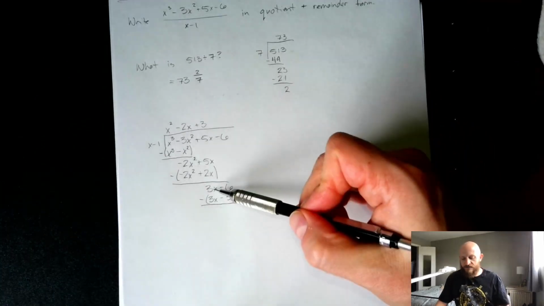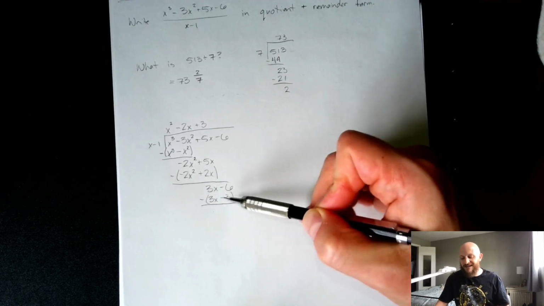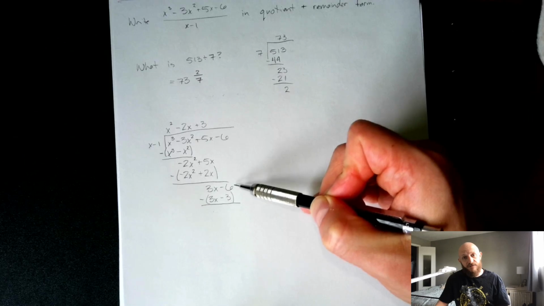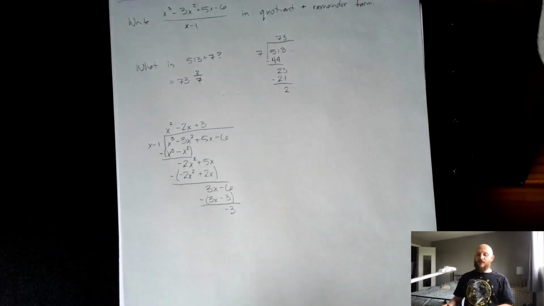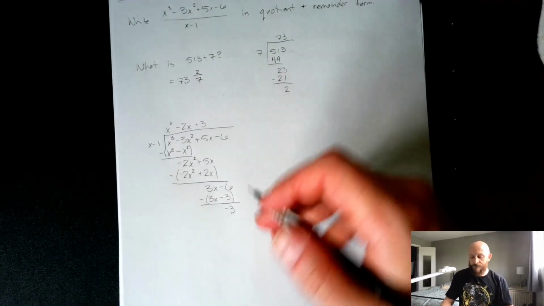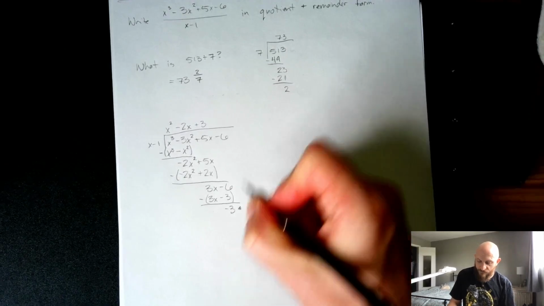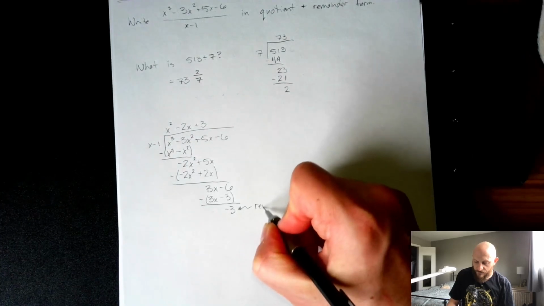And then subtract these. 3x minus 3x is 0. Negative 6 minus negative 3 is negative 6 plus 3. So it's negative 3. And now that we've gotten to the end of this, this is the remainder. We have nothing left to bring down from up here, so whatever's left is the remainder.